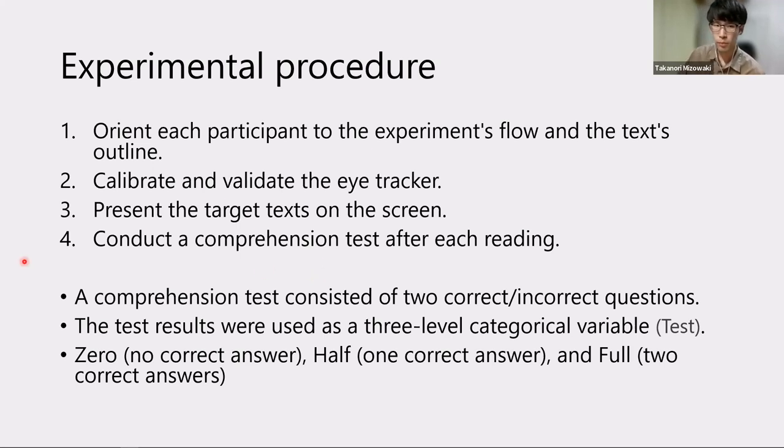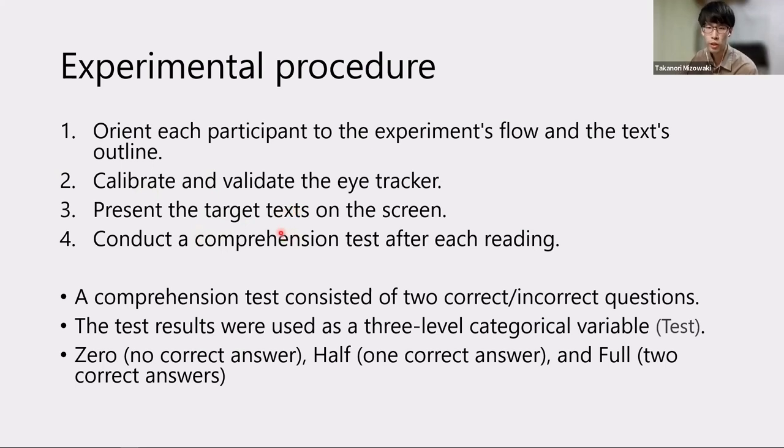So the experiment procedure is 4 steps, like here. First, explain the experiment's flow and the text outline displayed on the computer screen to the participants. After the eye tracker's calibration and validation, display the target text on the screen.